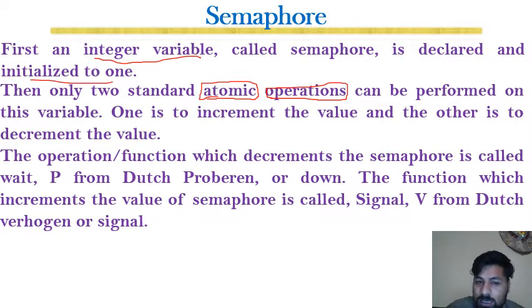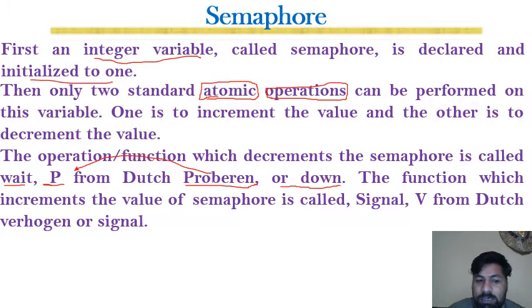So one of the functions will be the wait function, or sometimes it is written as P. It is from the Dutch proberen, which means to test or try, right? So sometimes we will also use P instead of the wait operation, or it is also sometimes called the down operation. So the operation through which the value of the semaphore is decremented is called wait, or simply P, or down.